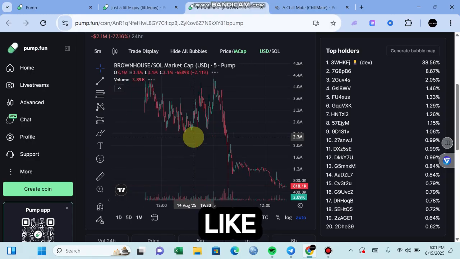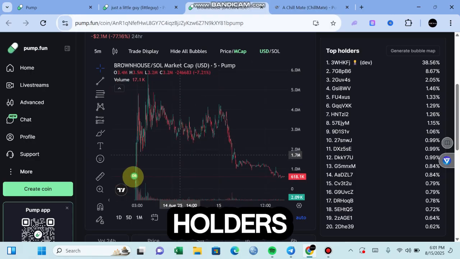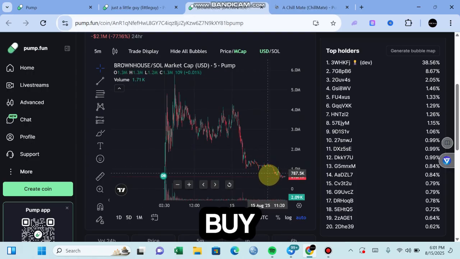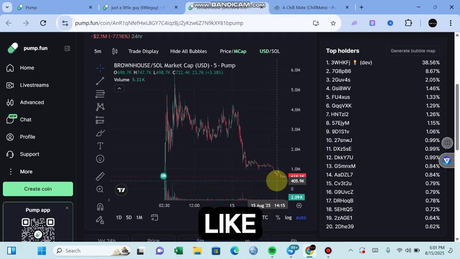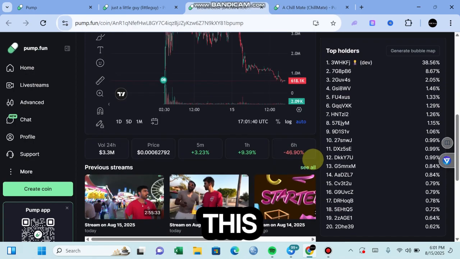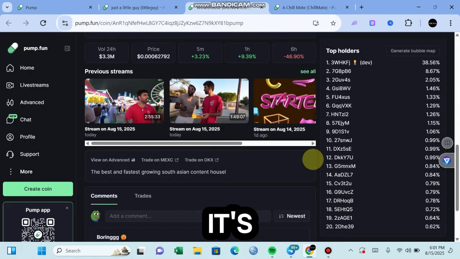For a coin to dump like this, it only means that if one of the holders decides to sell, the coin dumps. This is why you don't buy a coin where the dev holds more than 20%. The dev or people with the top wallets hold 50% of the supply. If they decide to sell, in just 10 minutes this coin is gone. That's why it's not recommended.